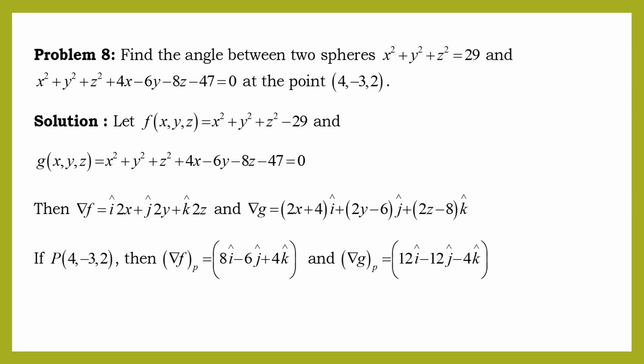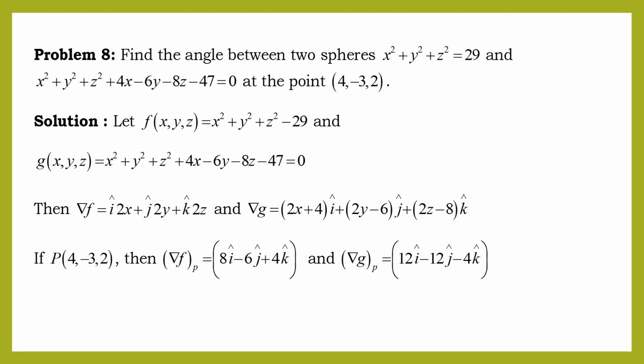In our previous problem, only one surface was given, but two different points were given. There, we found the angle between unit normals to the surface at the given two different points.